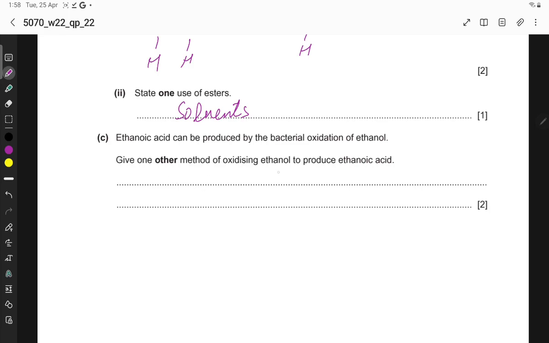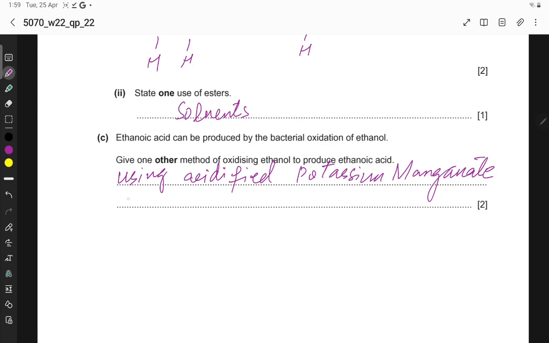Other method: using acidified potassium manganate(VII) with ethanol.